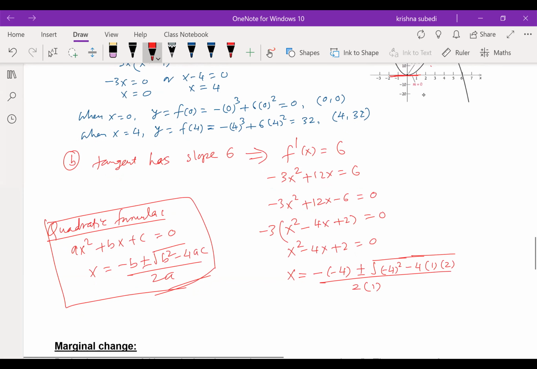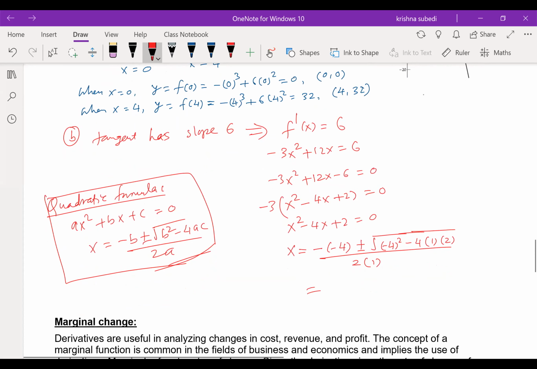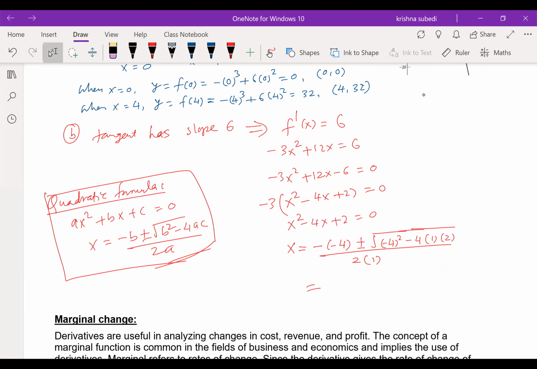And if you simplify this, you will get 4 plus minus square root 8 divided by 2. So the x value will be, one is 2 plus square root 2, and another is 2 minus square root 2.